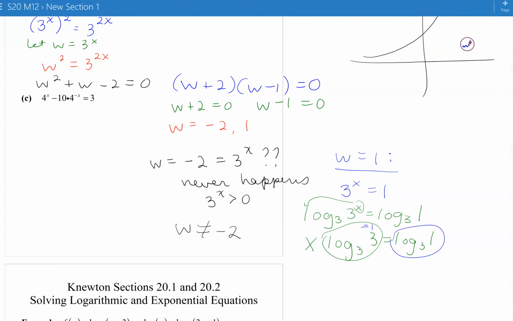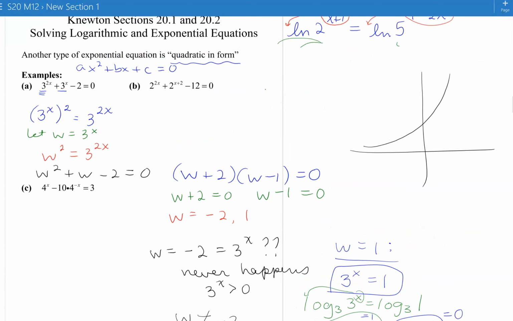And the log base 3 of 1 is 0. So x must equal 0. So you could just see that by inspection here of knowing that the only exponent that's going to work is 3 to the 0 to equal 1. So x equals 0 is our only solution. And if you come back and look at this equation, you can see 3 to the 0 is going to be 1, plus 3 to the 0 is going to be 1, minus 2. Sure enough, that works.